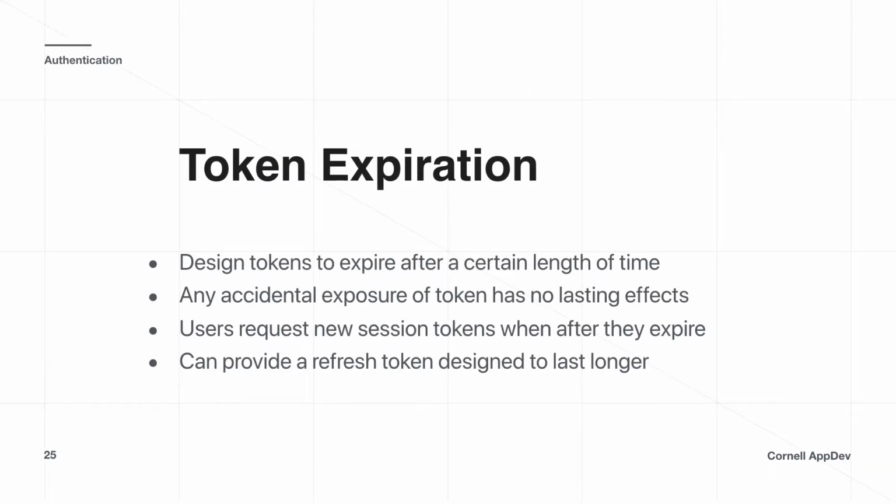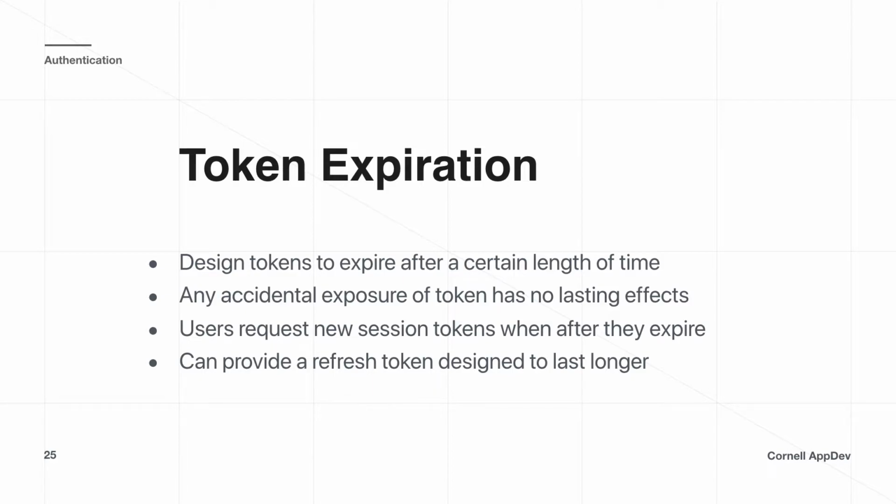Okay, so again, tokens are designed to expire after a certain length of time. So if somehow someone gets your session token, then they're only going to be able to use it for a little bit. And after it expires, users can either request new session tokens, or we can use the refresh token I mentioned before.